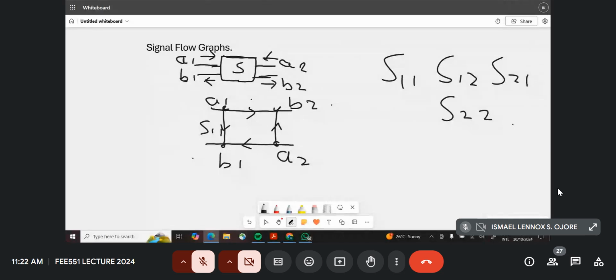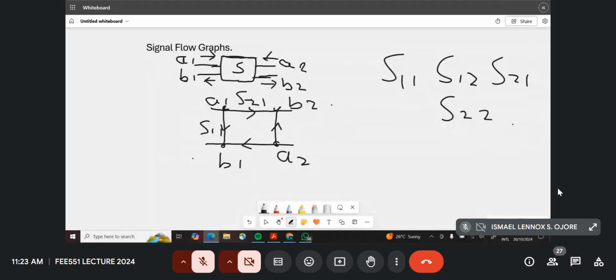Then S12 was the transmission coefficient from port 2 to port 1. So from here, it goes like this. So this is S21. So you write it in a way that it's to where it's going from where it's from.